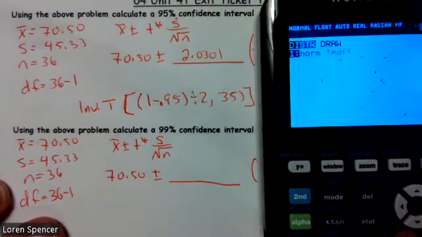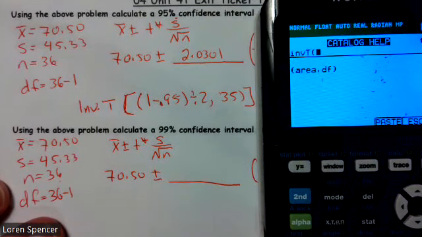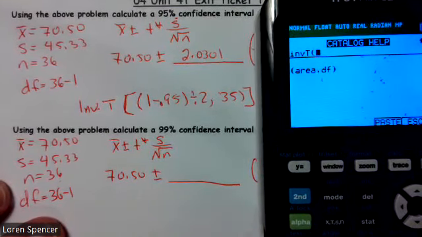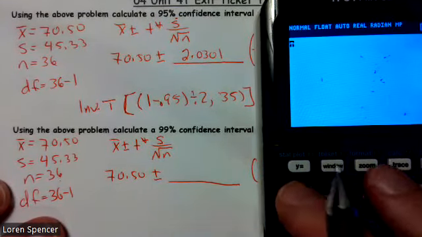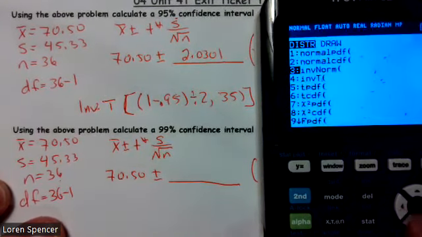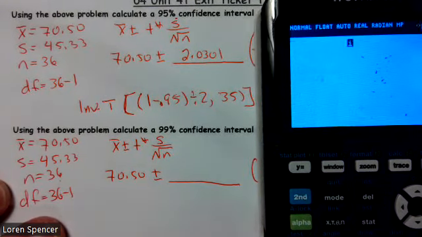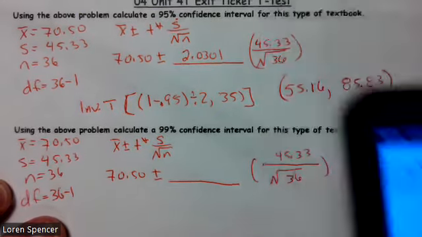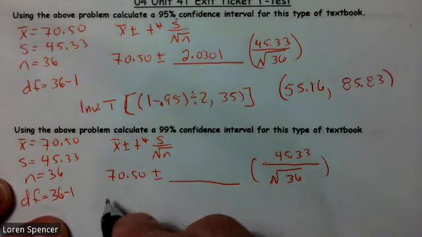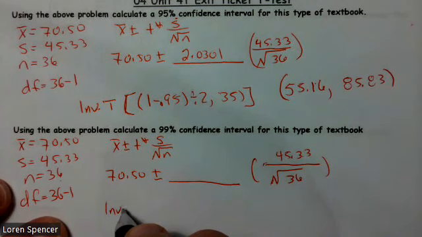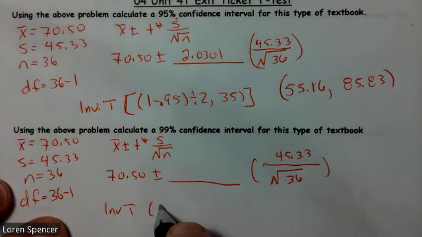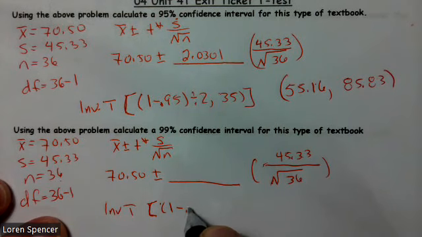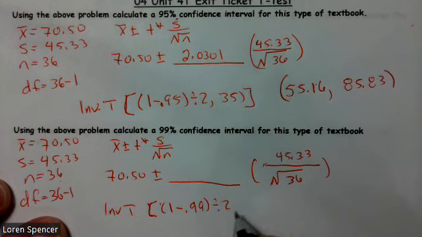So second, vars, inverse t. The first thing it asks for is the area. So we go inverse t, parenthesis, 1 minus 0.99 this time, close parenthesis, divided by 2.